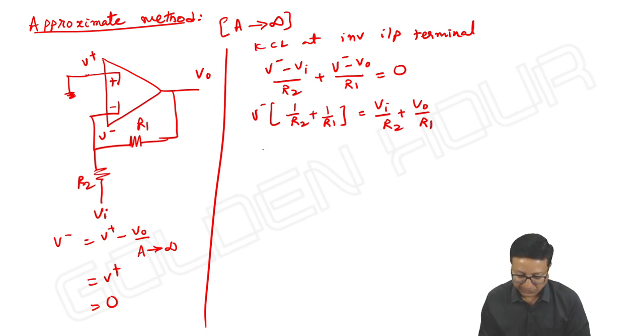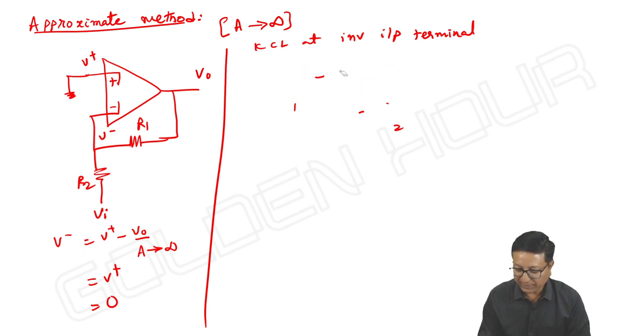Or I can write directly 0. Instead of doing this much, there is a much better way to do it. Anyway, the procedure is the same. This is a bit lengthy, not required. So apply V minus is equal to 0.